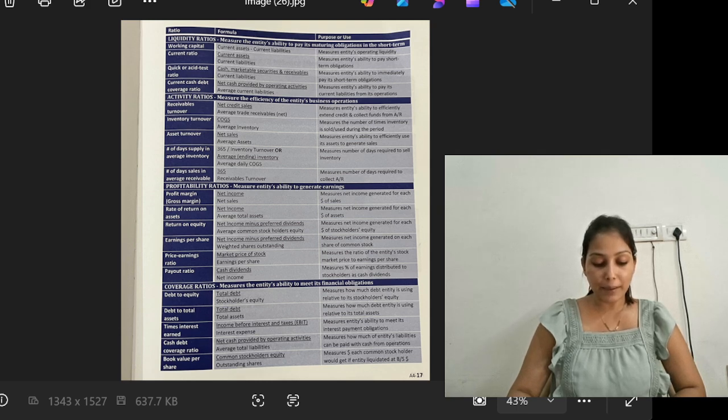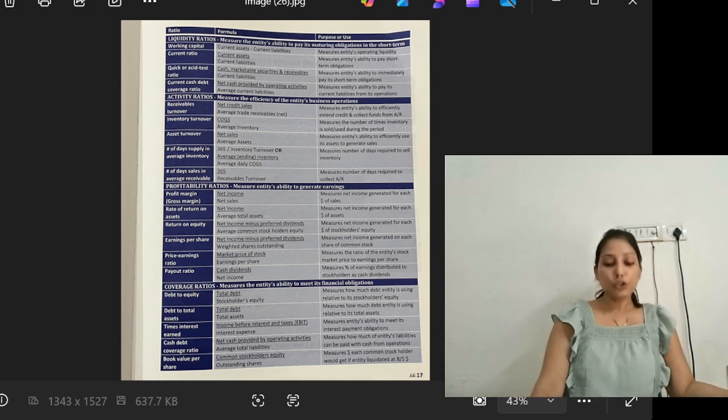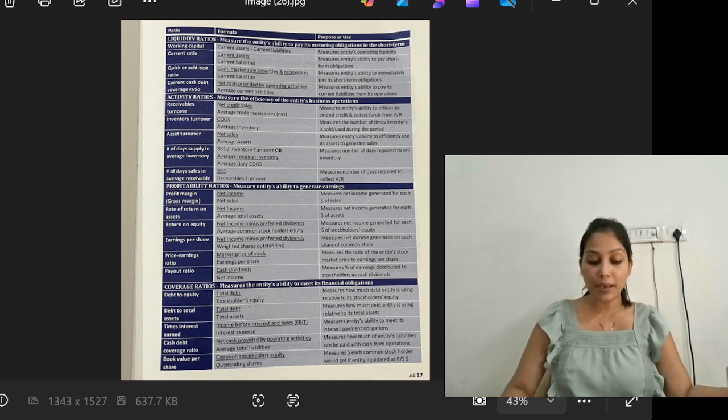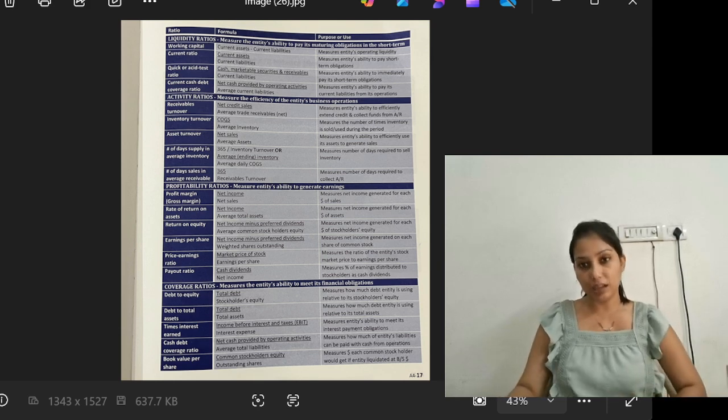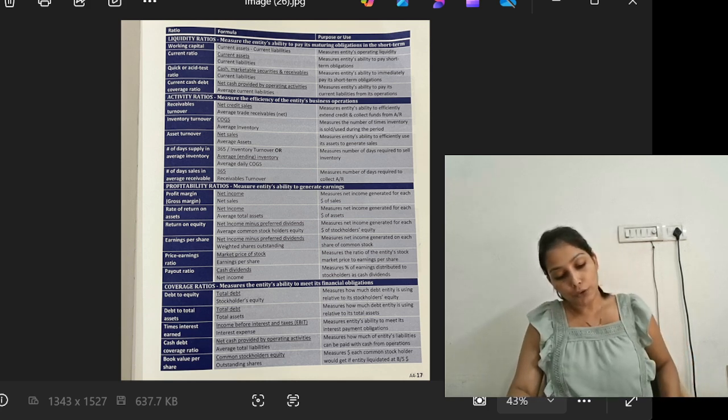Number of days' supply is 365 divided by inventory turnover, and for sales it is 365 divided by receivable turnover. Now coming to the profitability ratios, which measure the entity's ability to generate earnings. Under profitability ratios come profit margin, rate of return on assets, return on equity, earnings per share, price earnings ratio, and payout ratio.